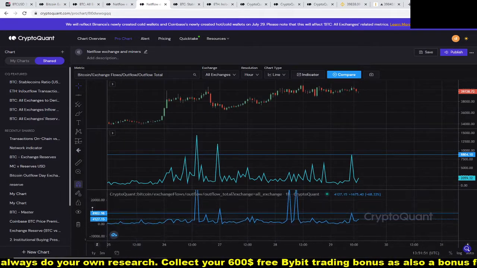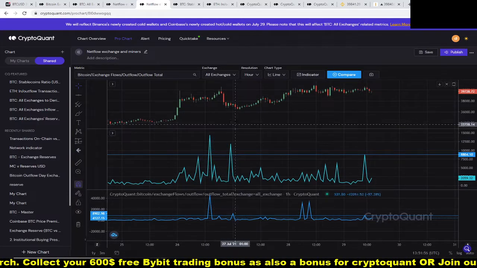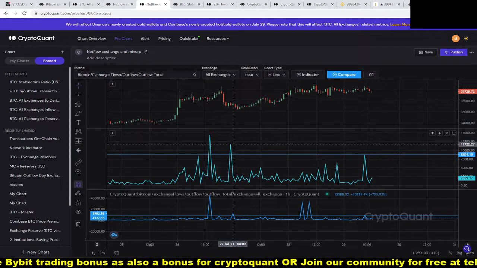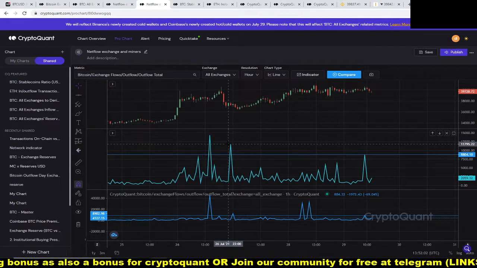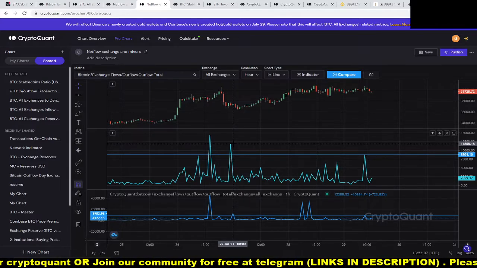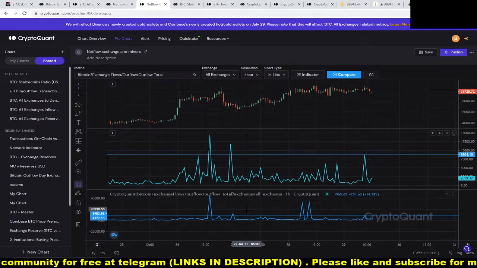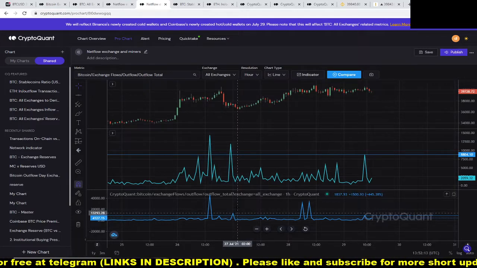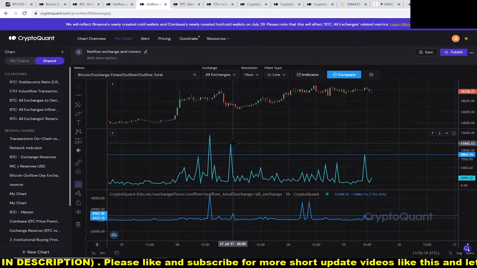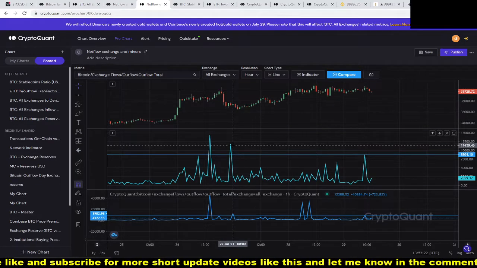And what I'm willing to say with this is that if you're going to look at the inflow only, then that may scare you, because if you see a large deposit of Bitcoin onto exchanges, you will think, oh, the price is going to dump. But if you also watch the outflow, so let me take this right here, you can see there was an inflow of 12,000 Bitcoin onto exchanges.